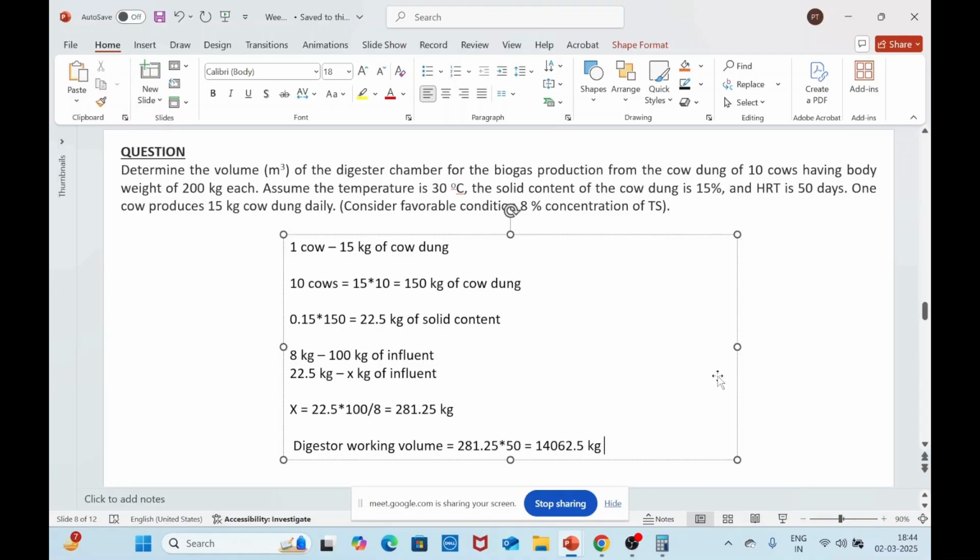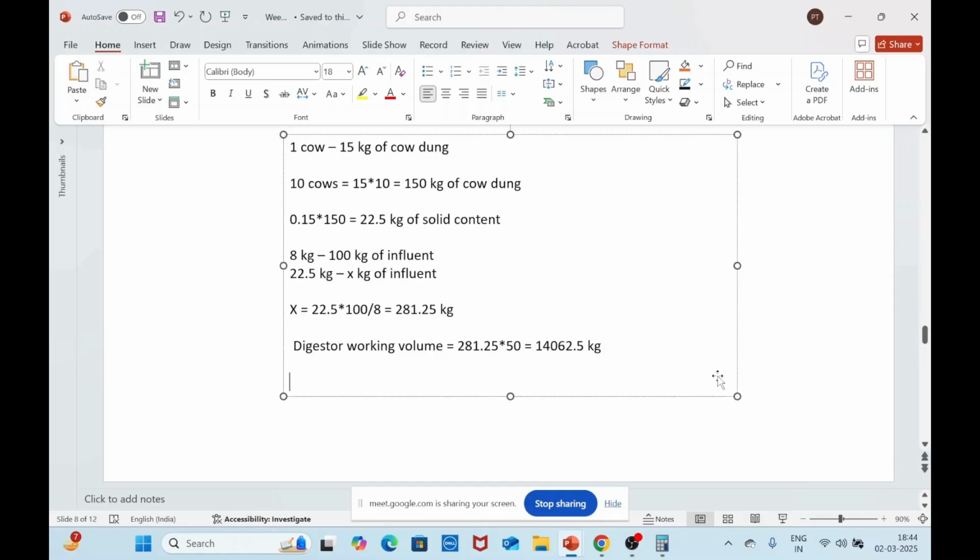So now we are supposed to convert that into the volume. Since the slurry that you're going to feed into the biogas digester contains 92 percentage water, we can assume the density of that slurry as the density of water. So both the densities will be the same.